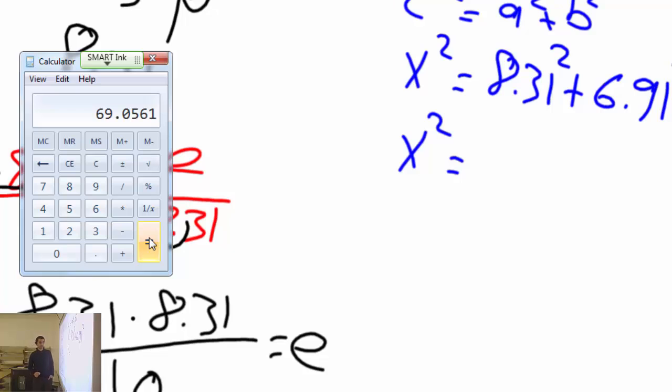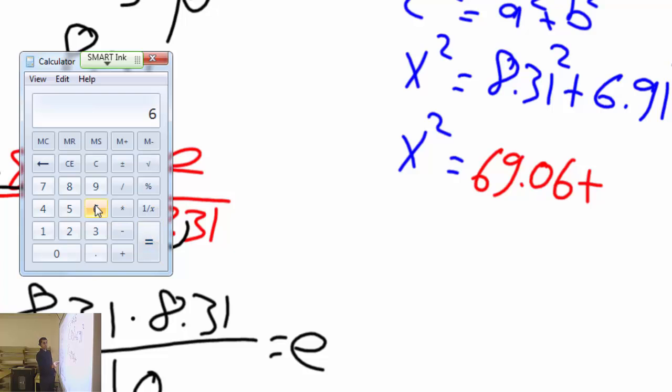Remember, round them to the nearest 100. 69.06 plus, now I'm going to calculate that, 6.91 times 6.91 equals 47.75.